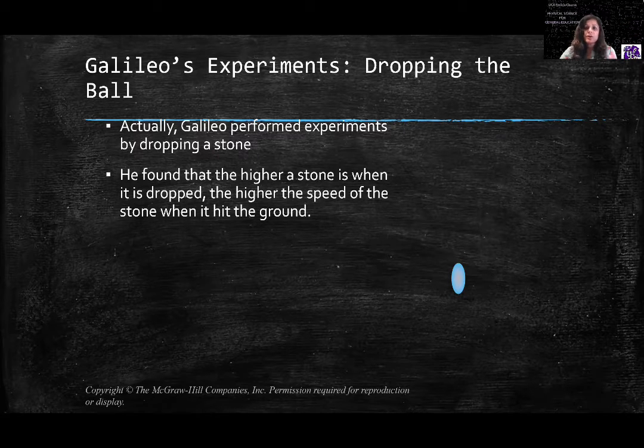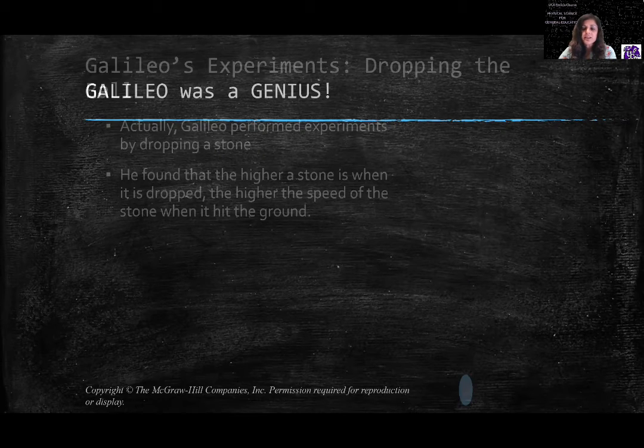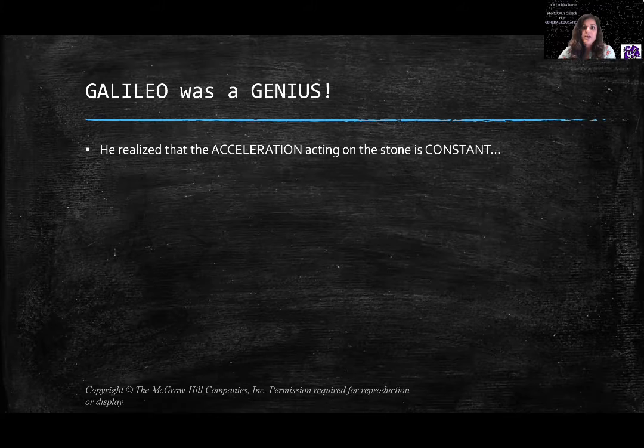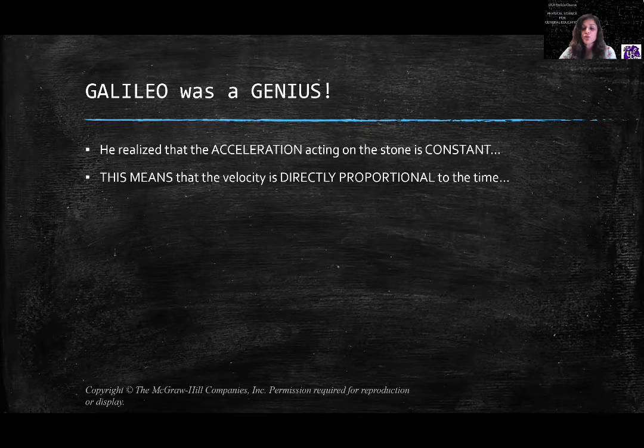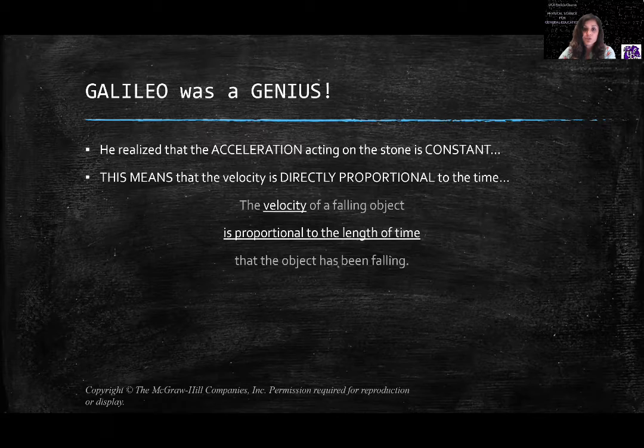So from his experiment, he brought us to the fact that there is a net force, and this net force is causing an acceleration, is causing that increase in the velocity, it's causing a change in the motion. So he said the velocity of the falling object was proportional to the length of time that it has been falling.